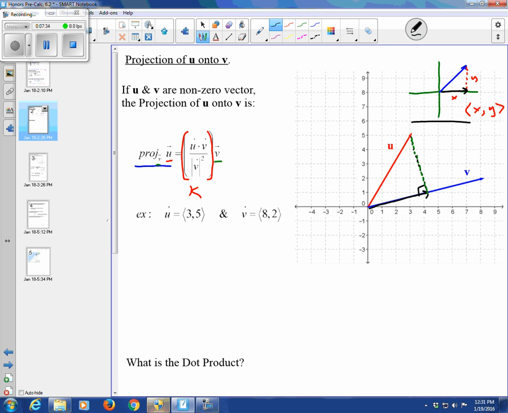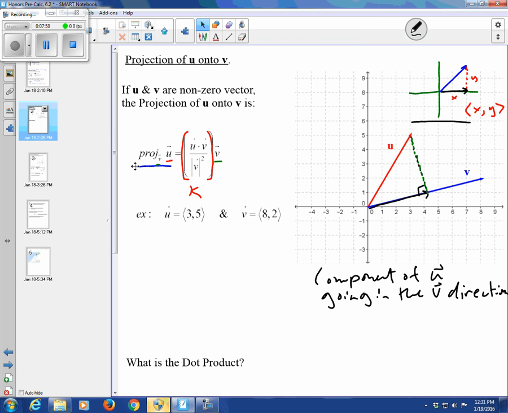We're just sort of tilting this process. So what we're actually getting with the projection of u onto v is the component of u going in the v direction.